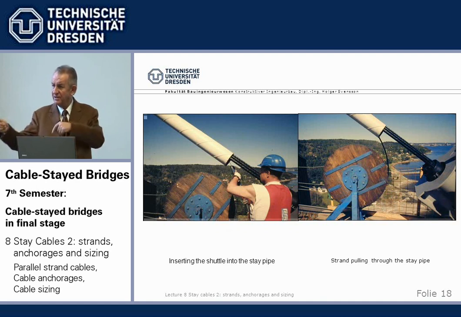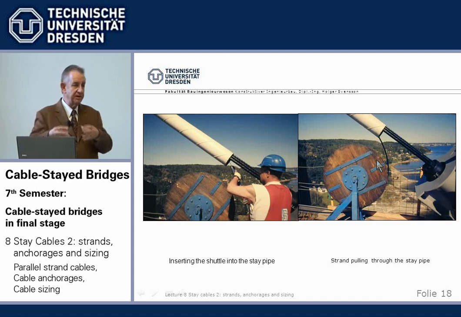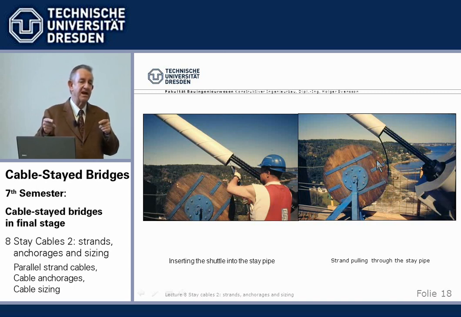And we will see in detail in a later lecture on cable installation how that goes in detail, but suffice it to say we have here delivered the strands on reels individually, and then we have here a pull wire to which we connect with the so-called shuttle, the strand, and then this pull wire pulls the strand up, and it's anchored individually, stressed individually, one after another, until the cable is filled, completed, and theoretically later on, if by magnetic induction, as I showed you, we see there are strand breaks we could exchange individual strands.